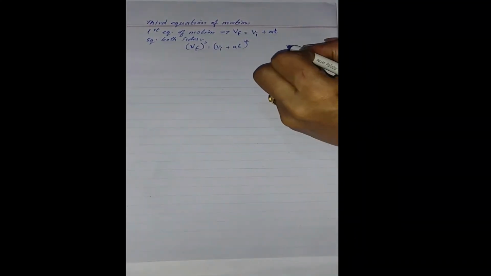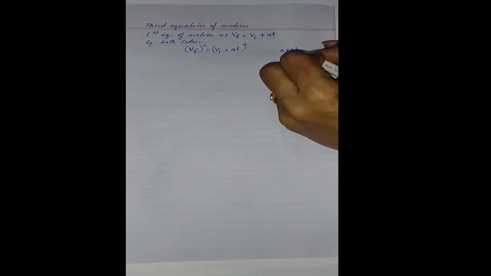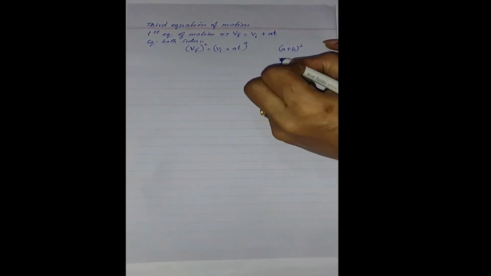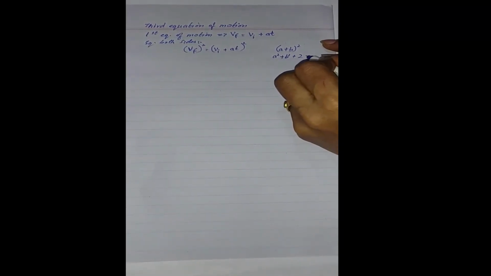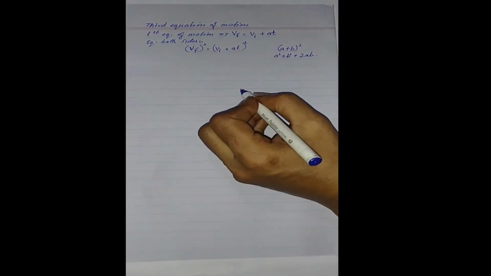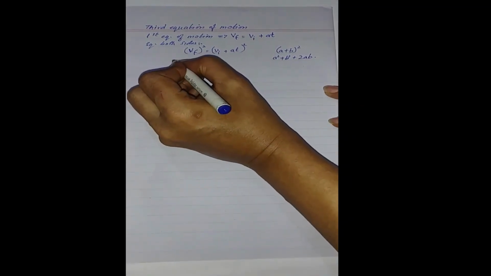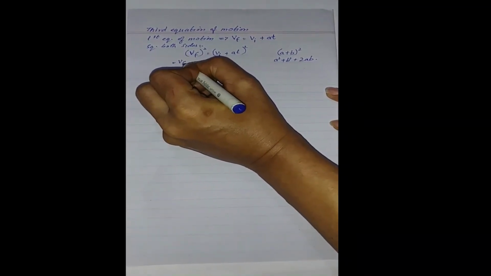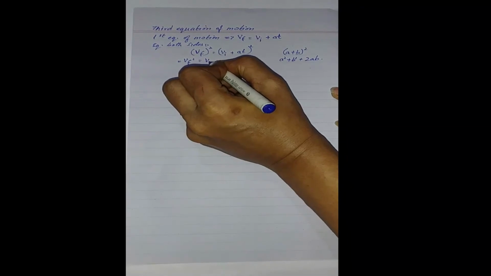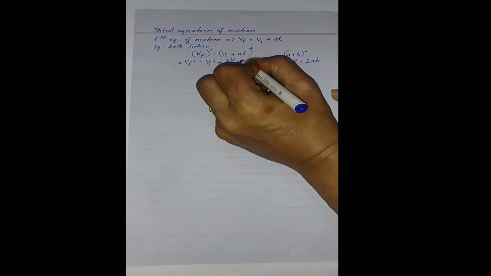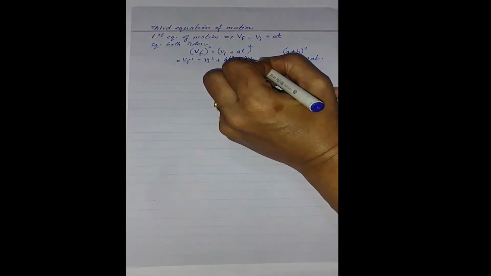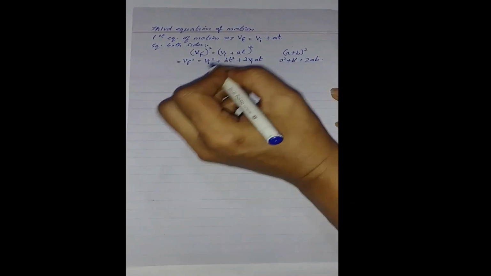As you know, in mathematics, for the square we have a formula (a plus b) whole square, which will become a square plus b square plus 2ab. By applying it over here, this equation will become Vf square is equal to Vi square plus a square t square plus 2Vi at.